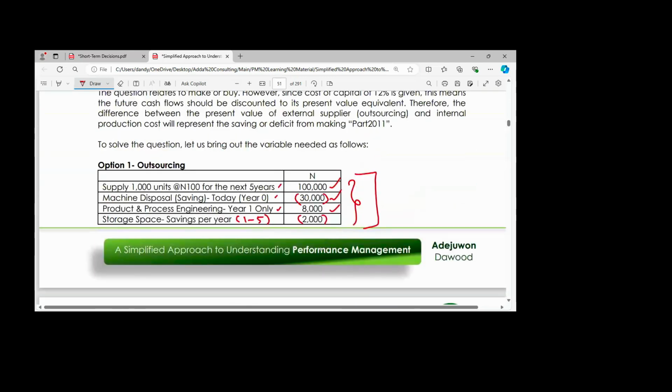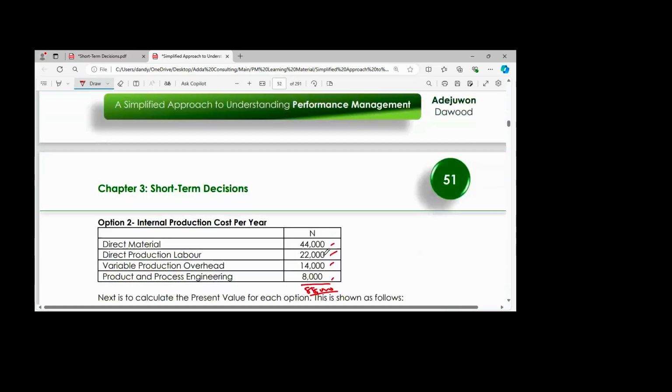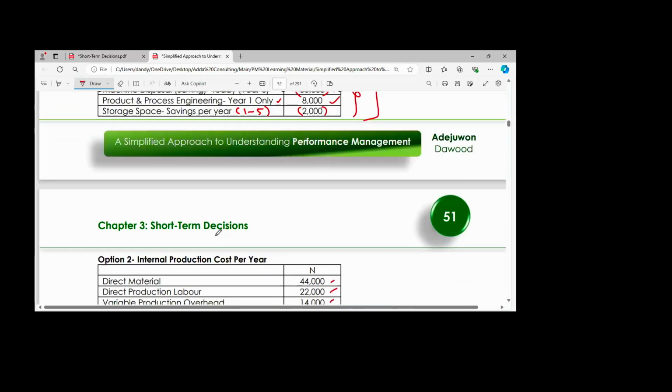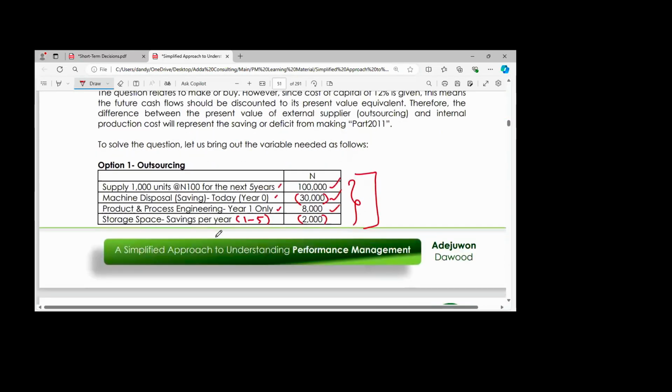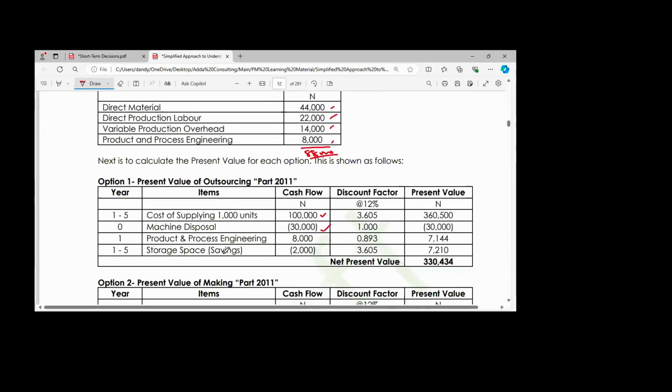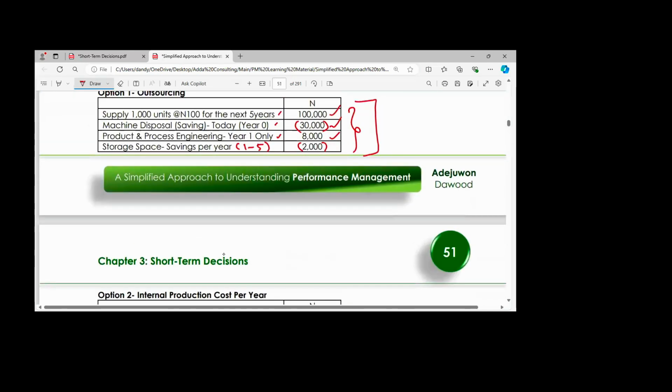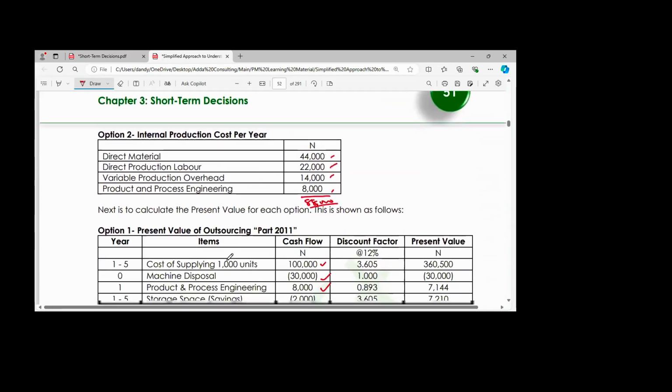Machine disposal is for year 0, 30,000 naira. It's a cash inflow, that's why we are seeing it in brackets. Then the next one, product and process engineering, which is 8,000 naira. We also have it there for year 1 only. That's the 8,000 you are seeing here. Then storage space is also a saving. Storage space is a saving of 2,000 naira for the next 5 years.